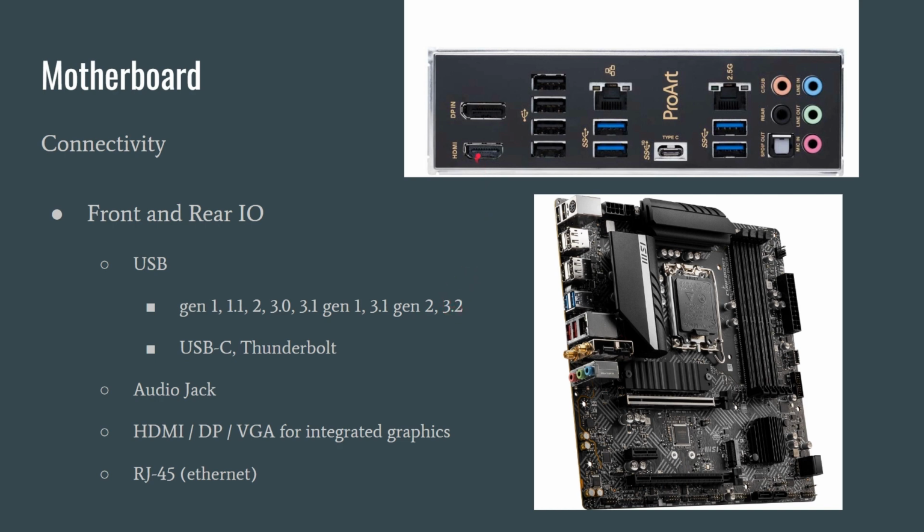And all motherboards will probably have at least one Gen 3 port. For things like mouse and keyboard, you really don't need more than Gen 1. People think they need a Gen 3.2 USB header for their mouse and keyboard, but those devices don't even run past Gen 1 pretty much.